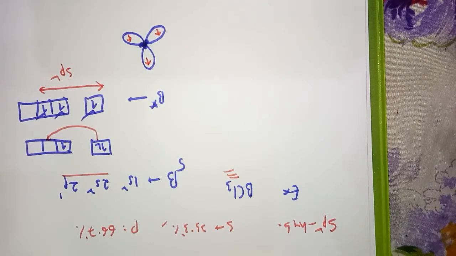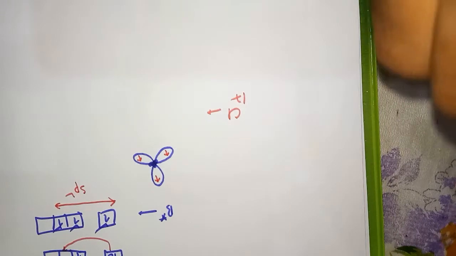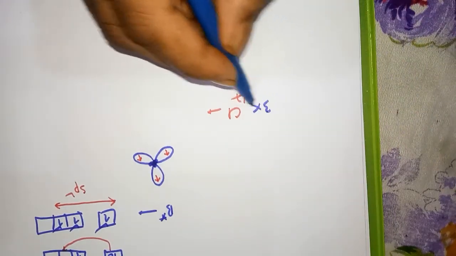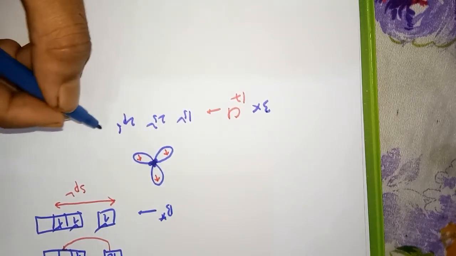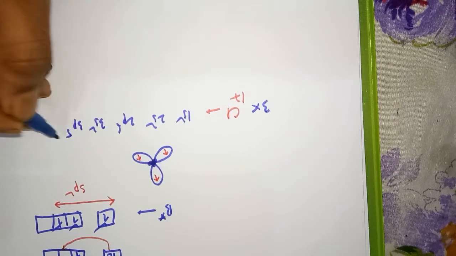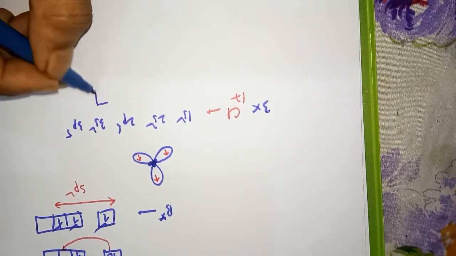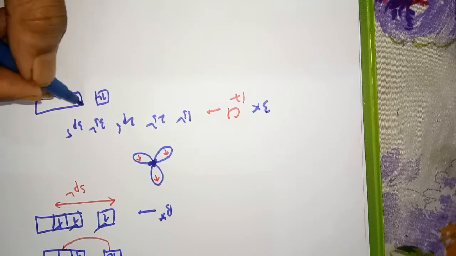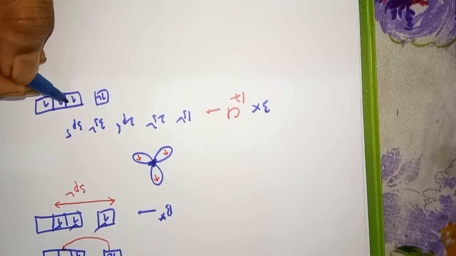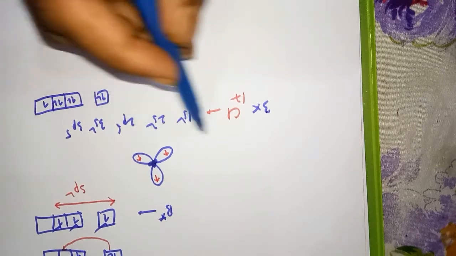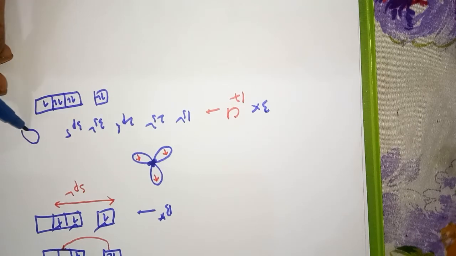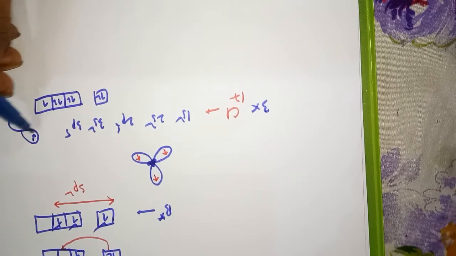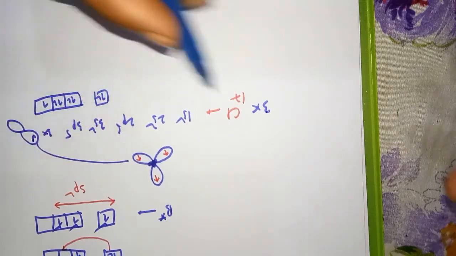Then from Cl17, how many Cls are there? 3 Cls are there. So 3 into Cl17, it is 1s2, 2s2, 2p6, 3s2, 3p5. So this is the valence shell, 3s2, 3p5. One point to remember, only the central atom undergoes hybridization, and the rest of the atoms do not show hybridization. This is a p5, so 1 p electron is there. So the 3 p electrons come and join into this one.